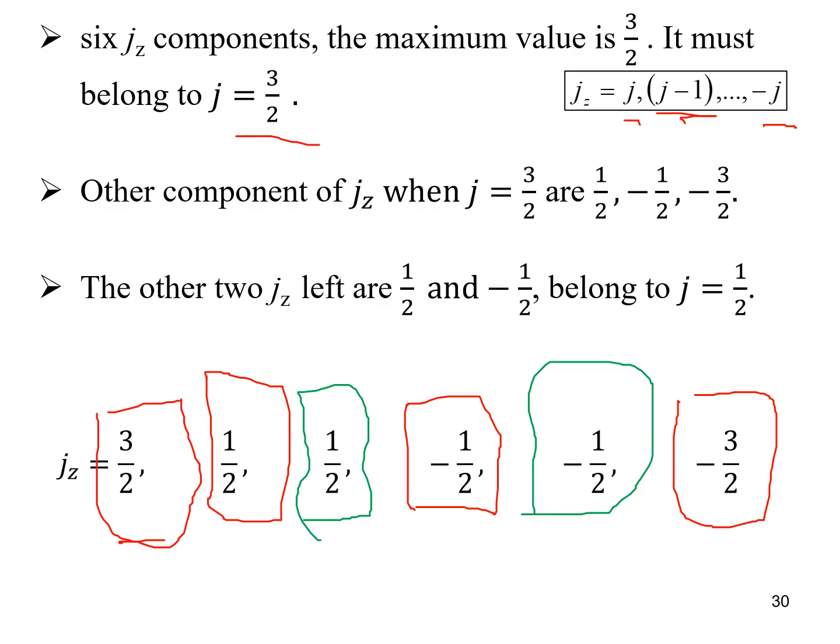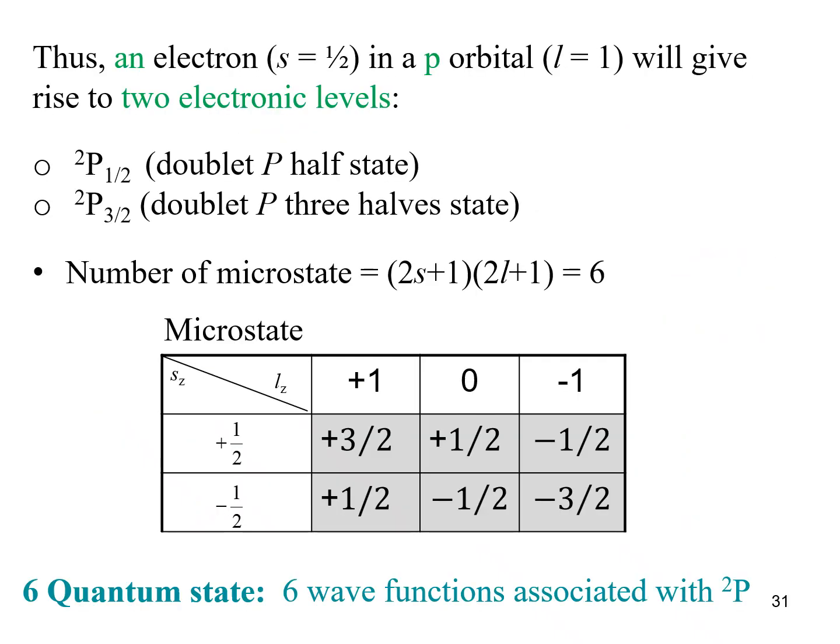If J equals 1/2, then the possible values of Jz are plus 1/2 and minus 1/2. So we have found the values of J, which are J equals 3/2 and J equals 1/2. Therefore, one electron in p orbital will give rise to two electronic levels, which are doublet P 1/2. Doublet comes from the multiplicity.